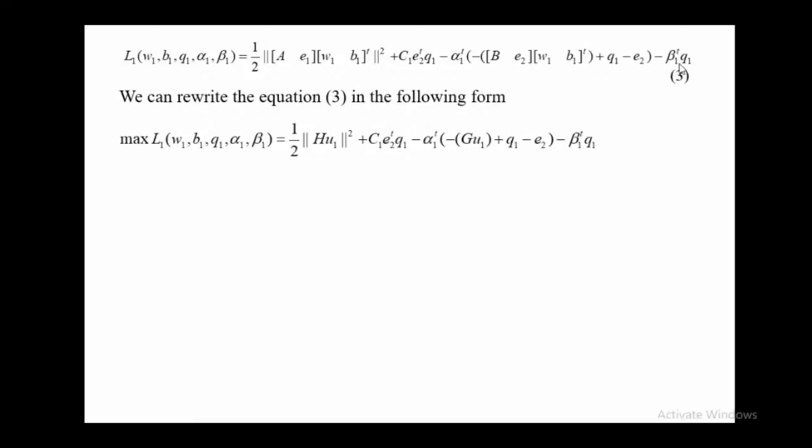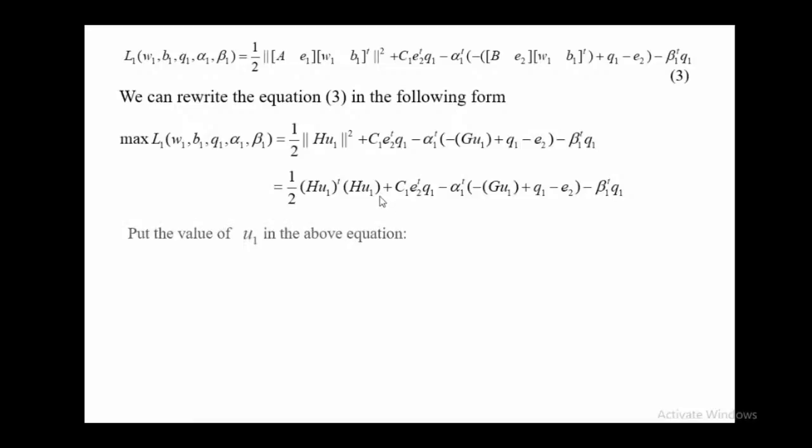And you can write the norm of HU1 squared as HU1 transpose HU1. And further, you know the value of U1, so just put the equation from the previous slide, U1 equal to this one, and keep it here.